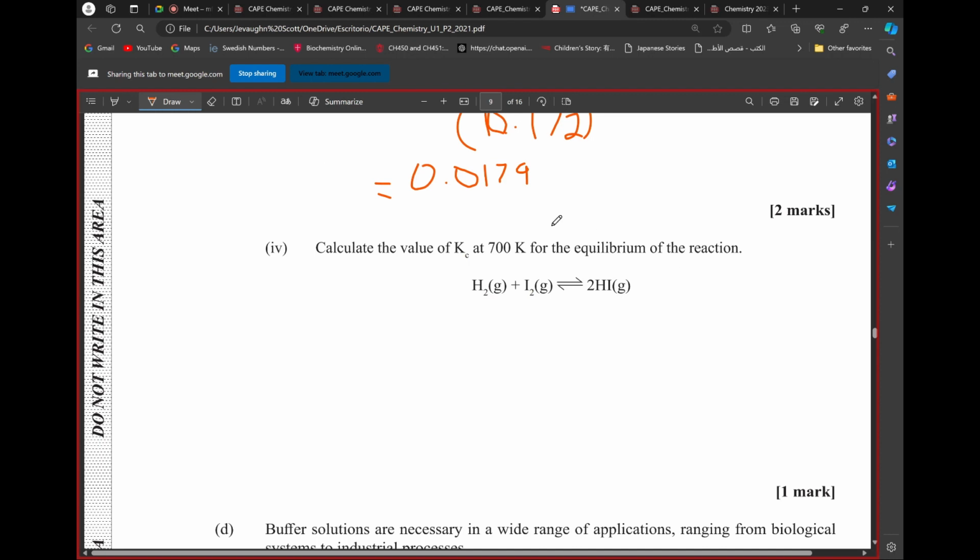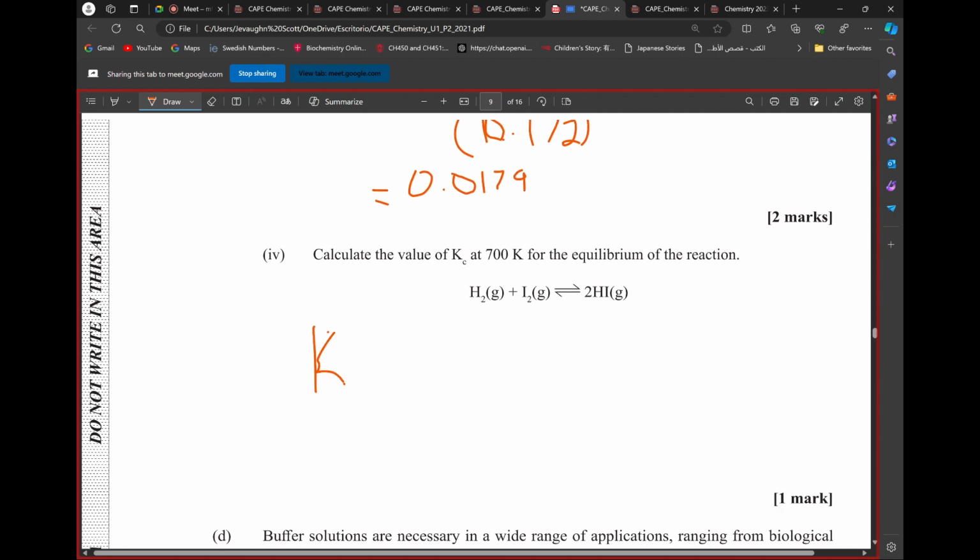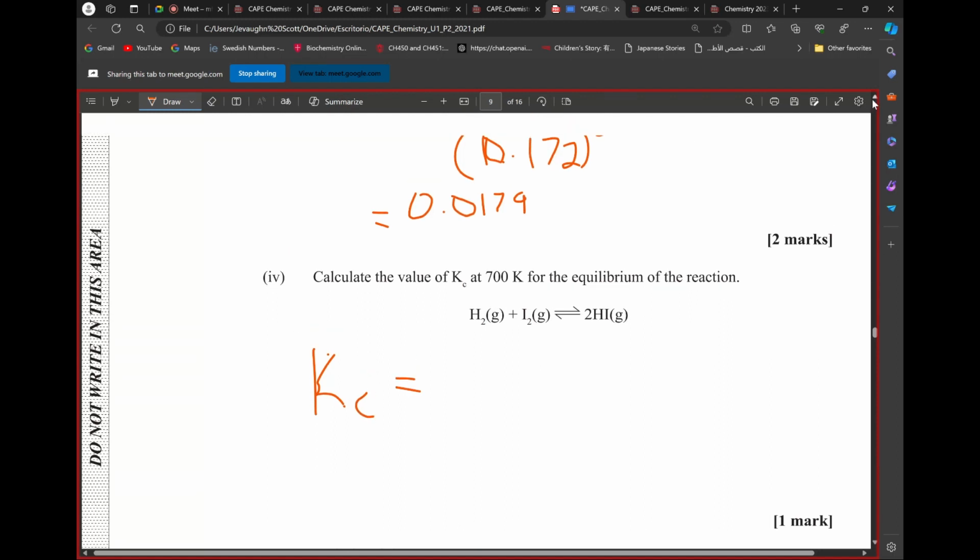So calculate the Kc of this reaction now, the reverse. What would be the Kc of the reverse? Just flip it, sir. Reactant into product instead. So what we do is flip, right? Yes, sir. Okay, so we flip it.